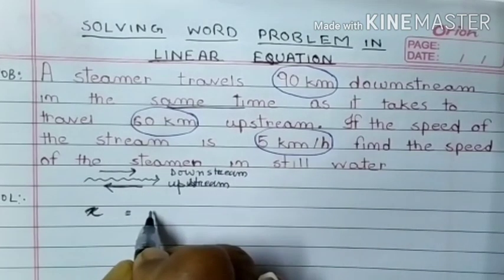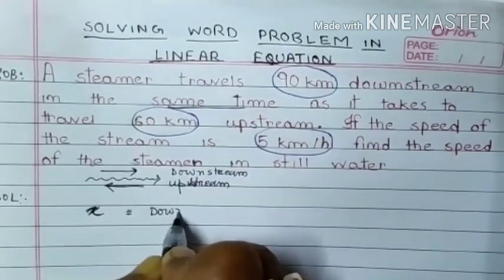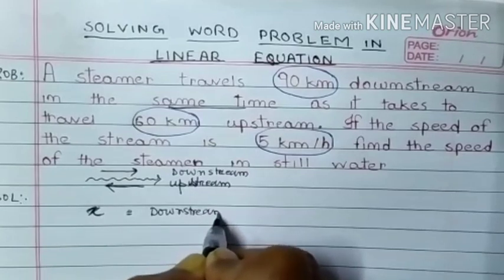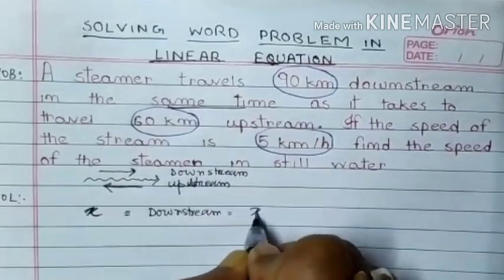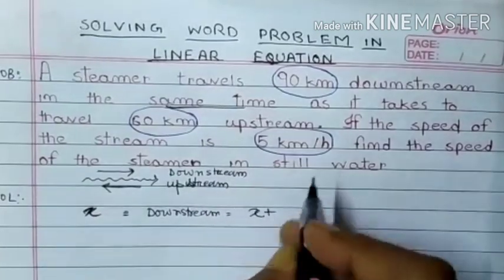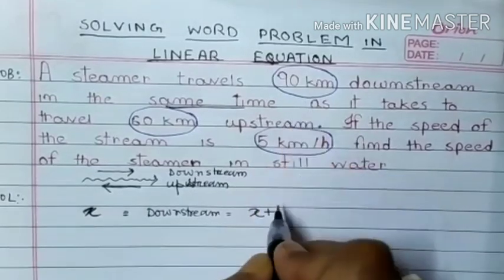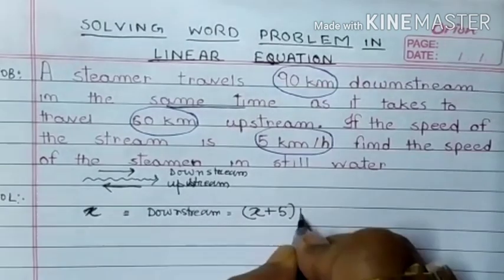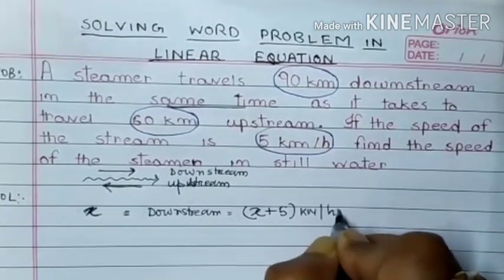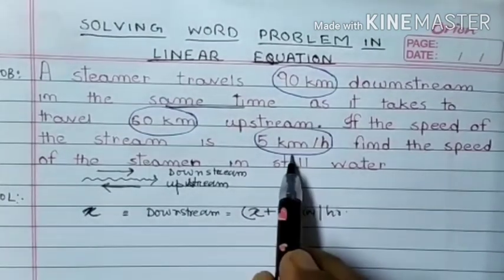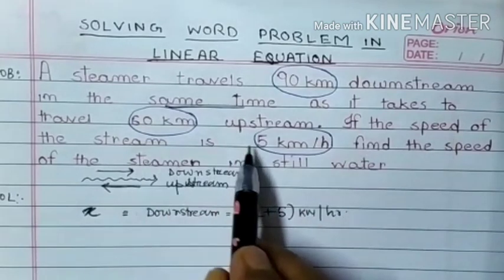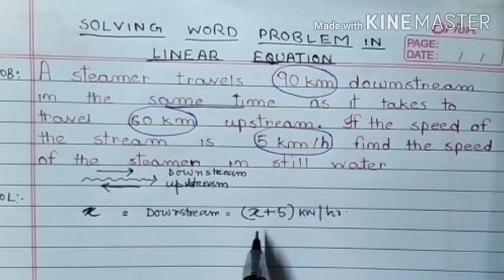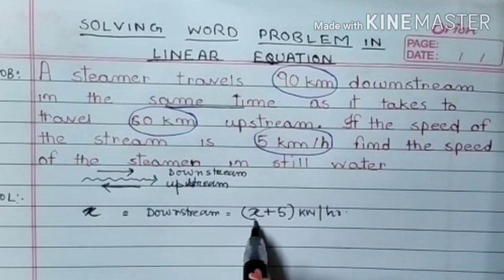So whenever you are going downstream, you will get x plus 5 km per hour. The speed of the stream should be added because your speed in still water is x.